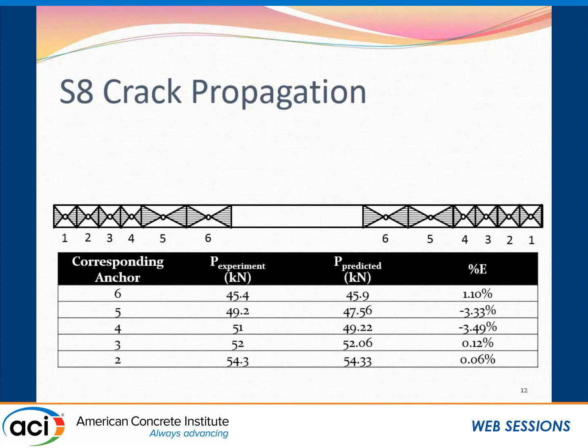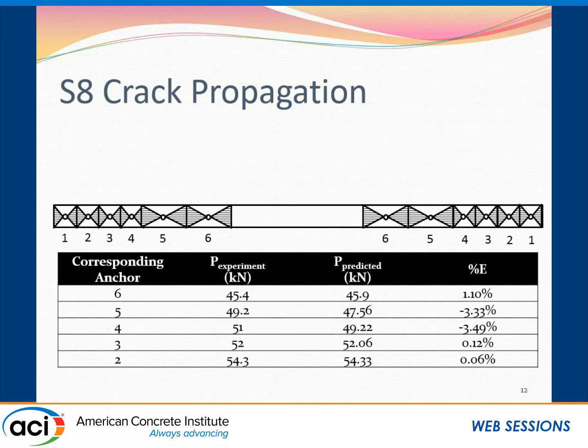So we were able to compare the loads that we had at each step with the loads obtained from the experiment. And so slab 8 had 6 anchors on each side, starting with anchor 6. In the experiment, the cracking reached anchor 6 at 45.4 kilonewtons, while we predict 45.9 kilonewtons, which is a difference of about 1.1%.